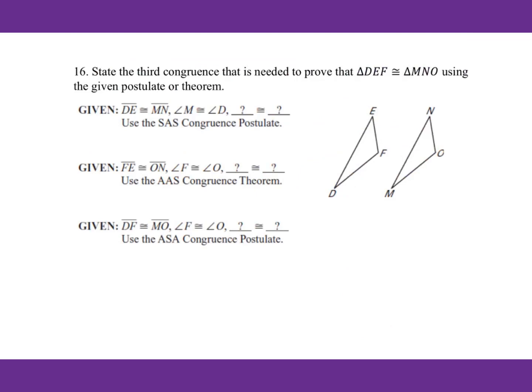Number 16, state the third congruence that is needed to prove triangle DEF is congruent to triangle MNO using the given postulate and theorem. For given side DE equals MN, I label here.